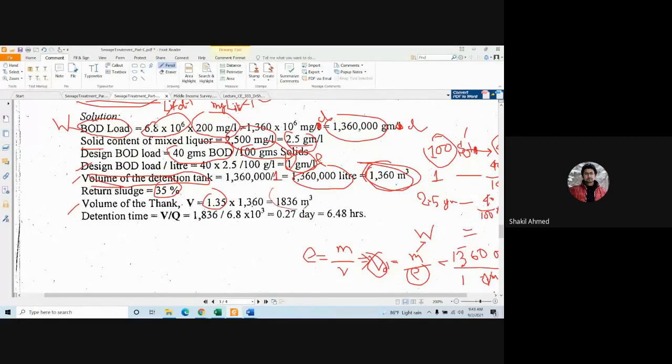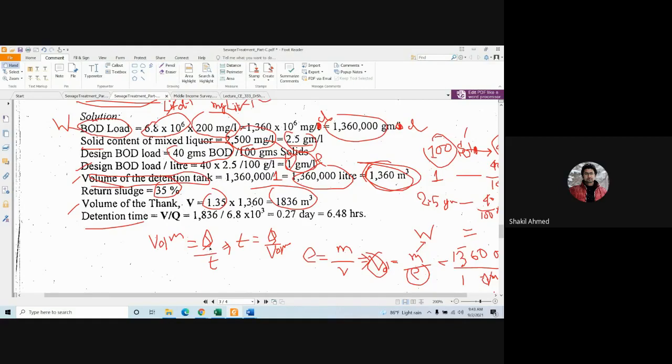Now, the detention time, it's easy. Volume equals Q by time. So T equals Q by V. I wrote it wrong.